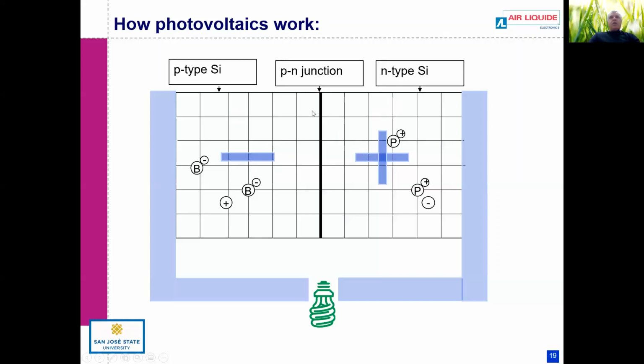So there's a spatial inhomogeneity in the charge balance. The charge overall in this box is still neutral. But on the left side of this box, there's 2 negatives and 1 positive, and on the right-hand side, there's 2 positives and 1 negative. So this means that at the junction, there's an electric field, right?